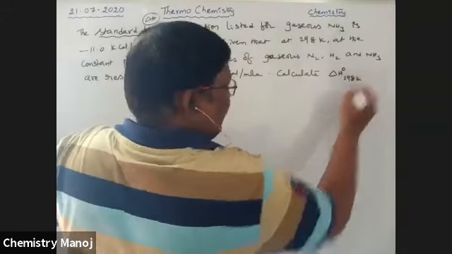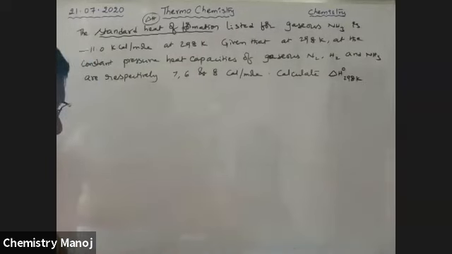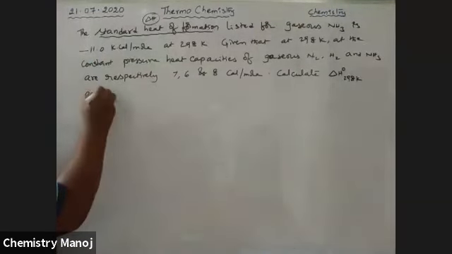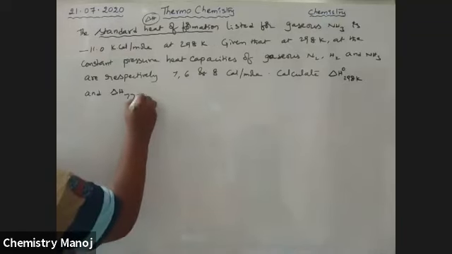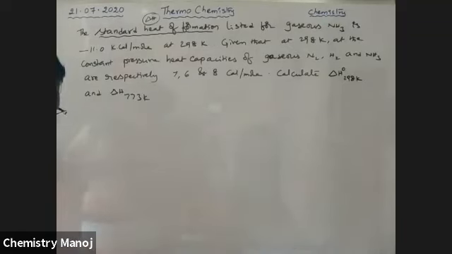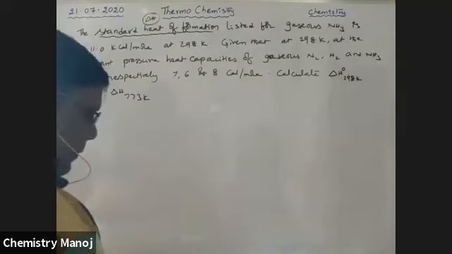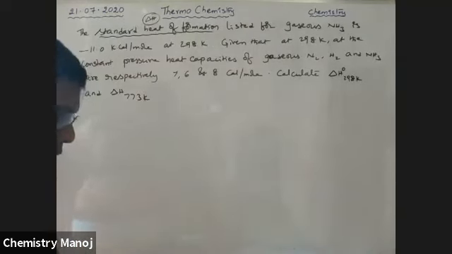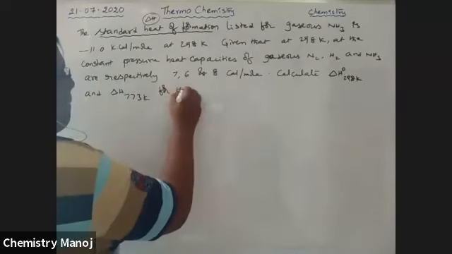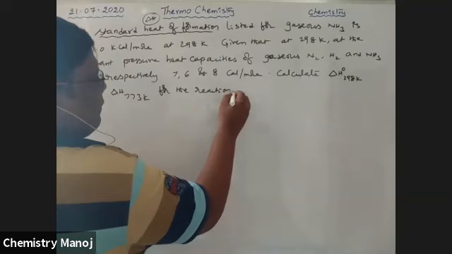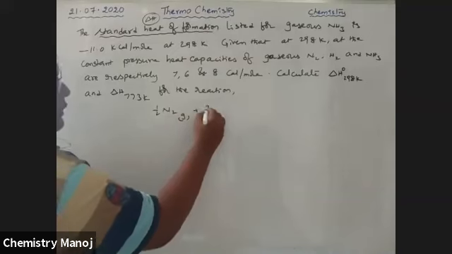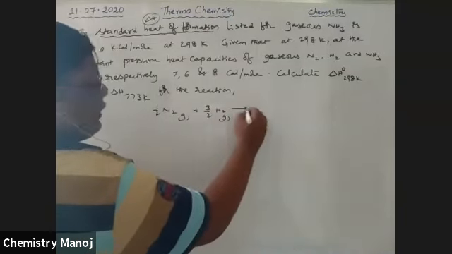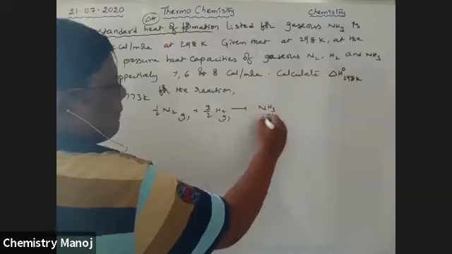at 298 Kelvin and delta H at 773 Kelvin, for the reaction half N2 gas plus 3/2 H2 gas gives NH3 gas.